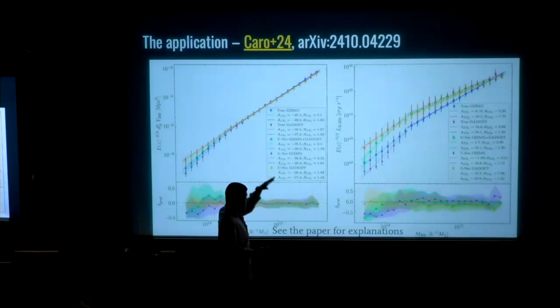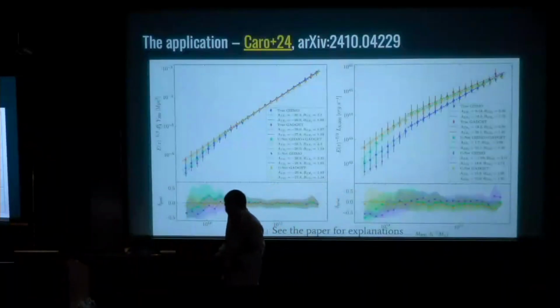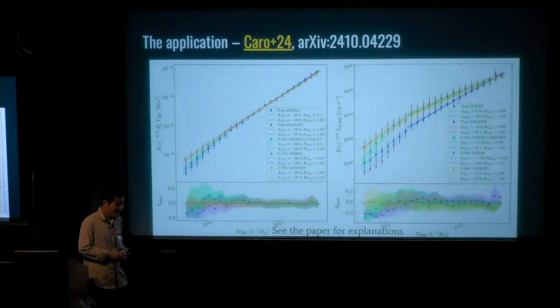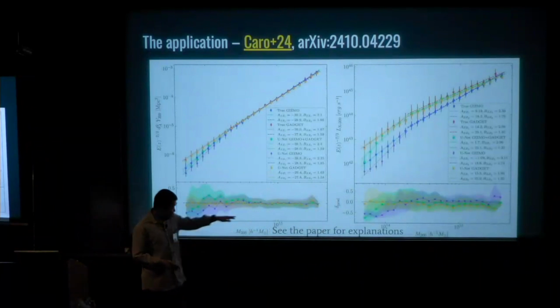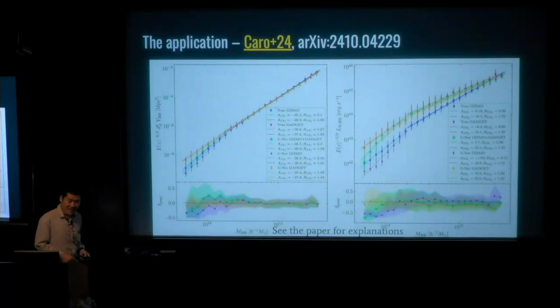But if you do the combination, you can train them together, right? And you will find that the green one is actually predicting the result from the GADGET-X result. So why is that? Have a look at the paper, where we have a detailed investigation on why.